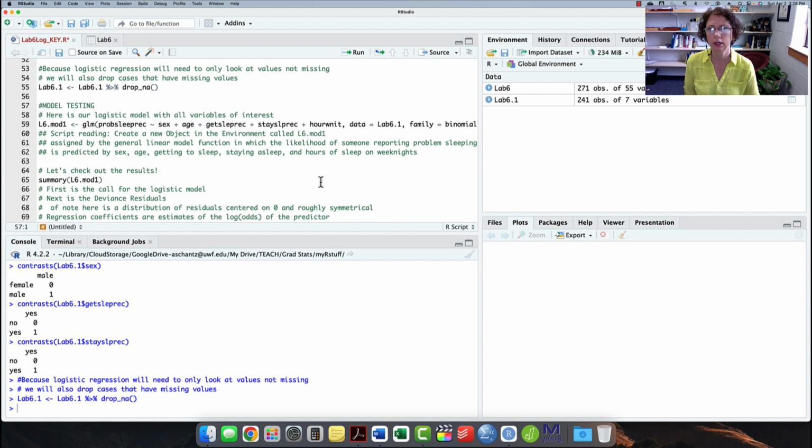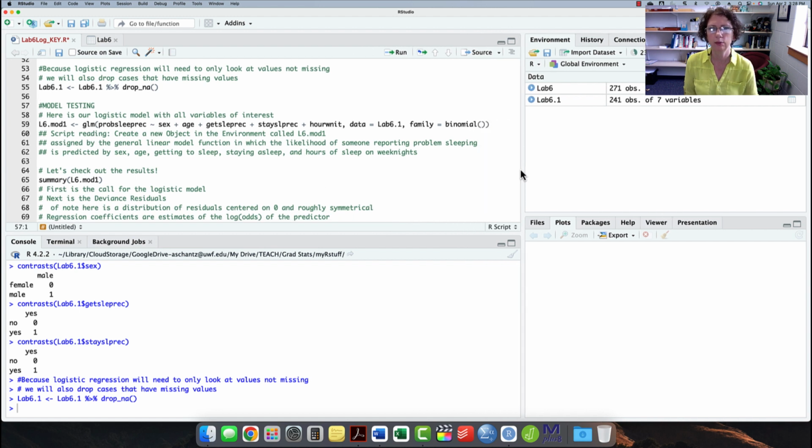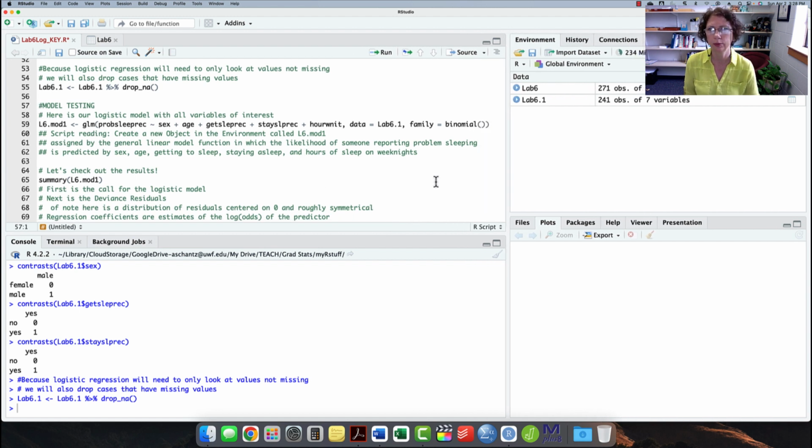Our logistic model looks a lot like what we would do with a linear regression model. We're saying that the outcome is predicted by these predictors using this data, and then that's where it changes. Here, the function is GLM, general linear model, and we have to tell R which type of the general linear model we're using.